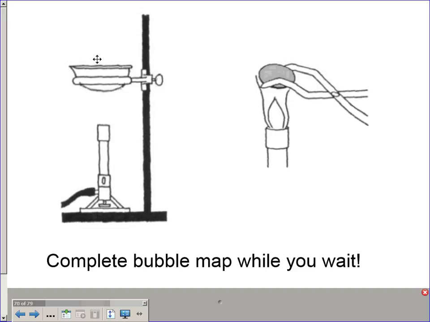I said thicker. Okay, these are structured. Make sure they push down. Yeah, that's like a bronze color.